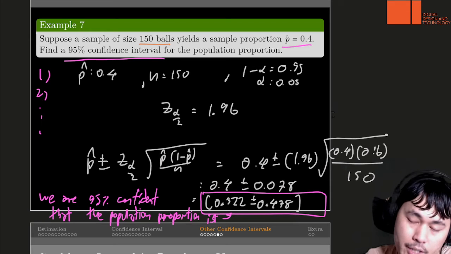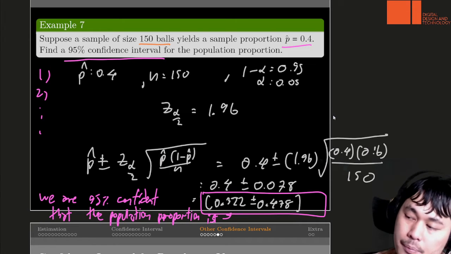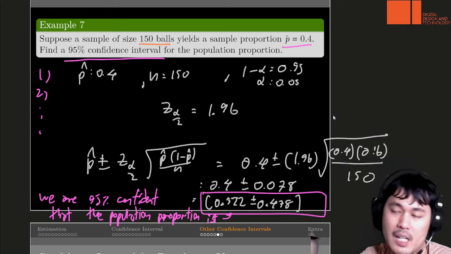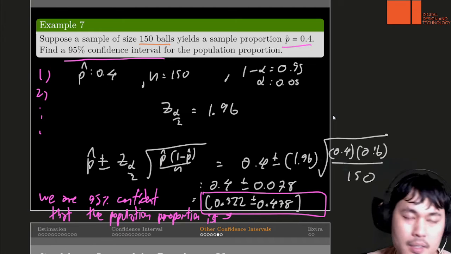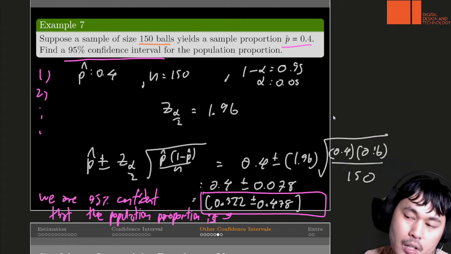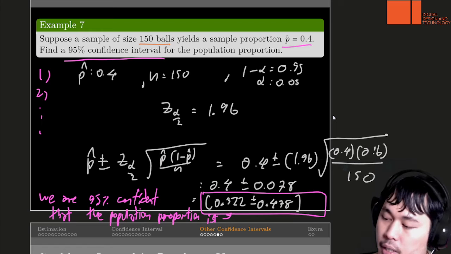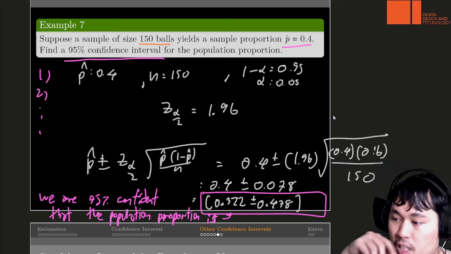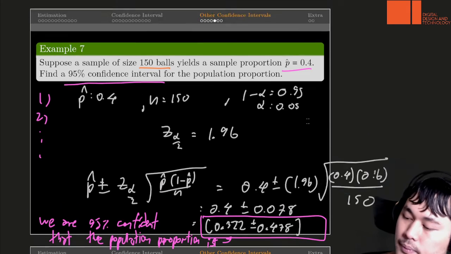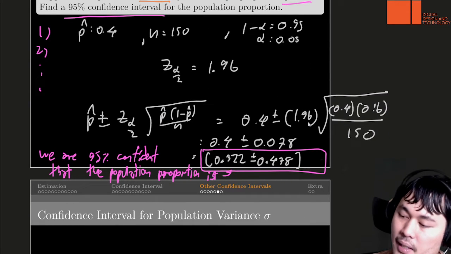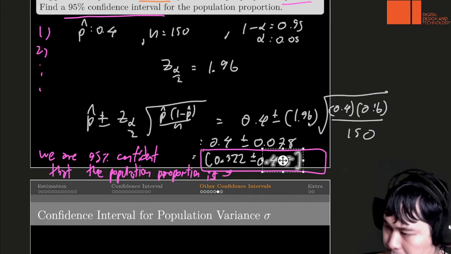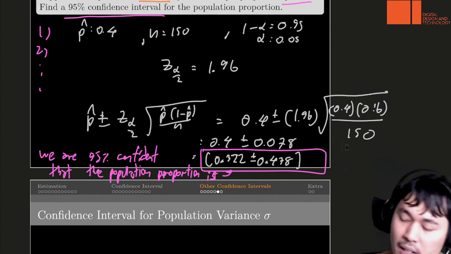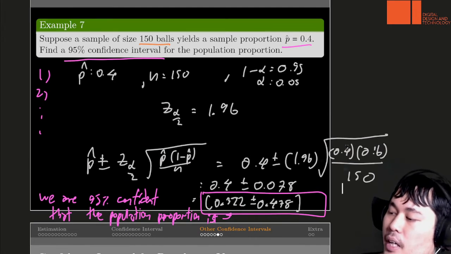So that means if the ratio of the balls we got from the bag is 0.4, then we are pretty confident that the actual ratio of the balls is 0.322 or 0.478, or numbers within the range. And now this gives you a good idea of what the numbers are actually.